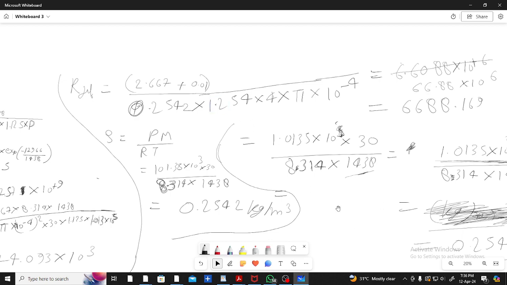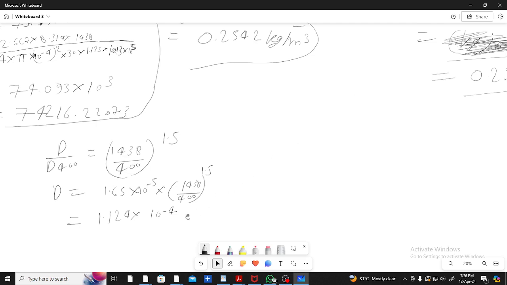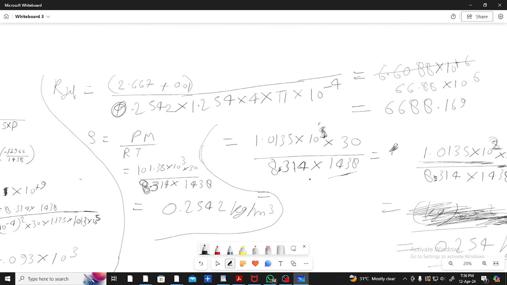See here, D is 1.254 into 10 to the power minus 4. So it will be 10 to the power minus 8. Right? Yes, sir. Then my answer is correct.